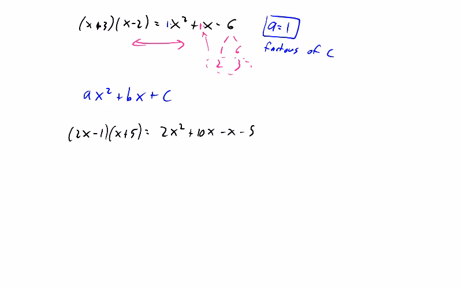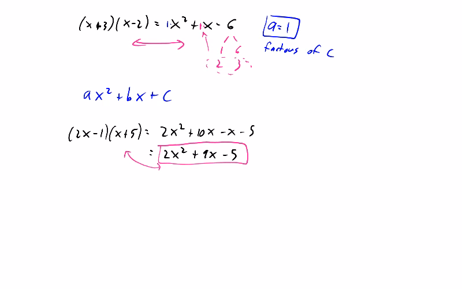And when we combine the like terms, we get a single middle term that looks like this. Now, if we had originally just been given this, we could turn around and factor it, and in other words, go back to what we have here.